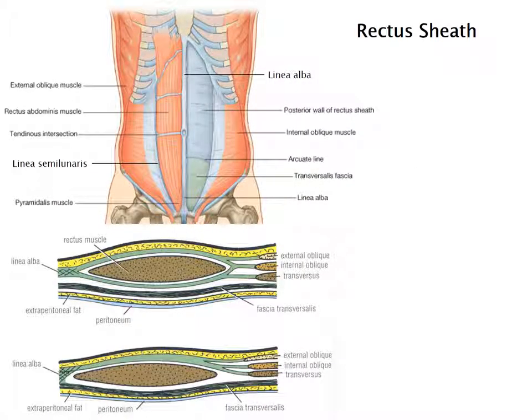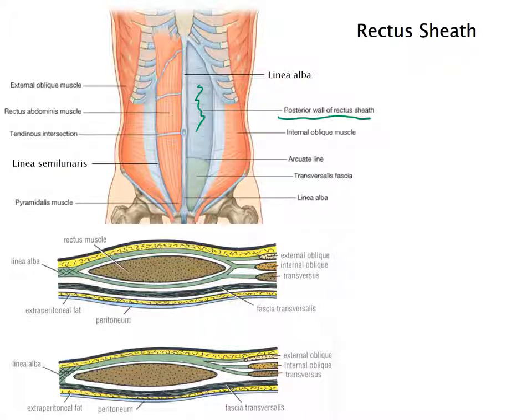The rectus sheath is made of flat tendon-like aponeuroses from the three flank muscles, and it surrounds the upper rectus abdominis muscles. Here's an example of the posterior rectus sheath. Again, there are two lines of fusion where these aponeuroses meet.